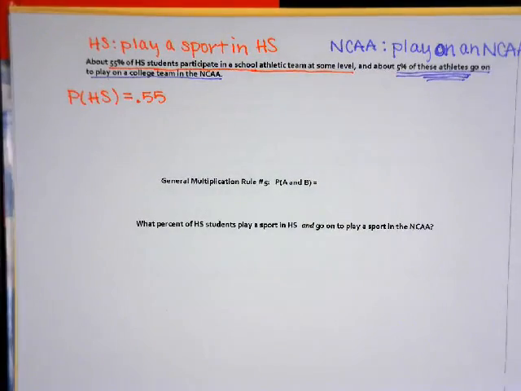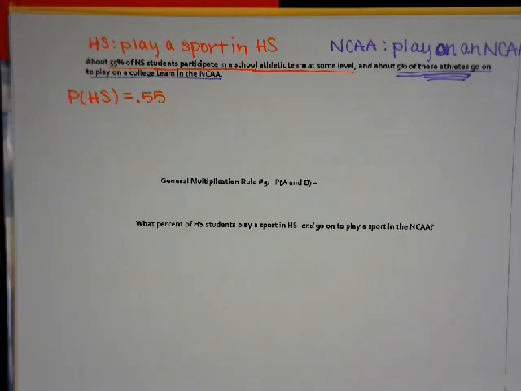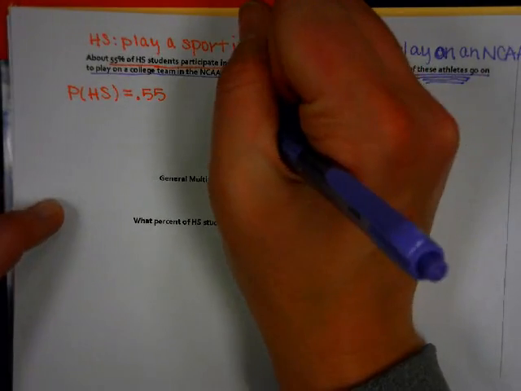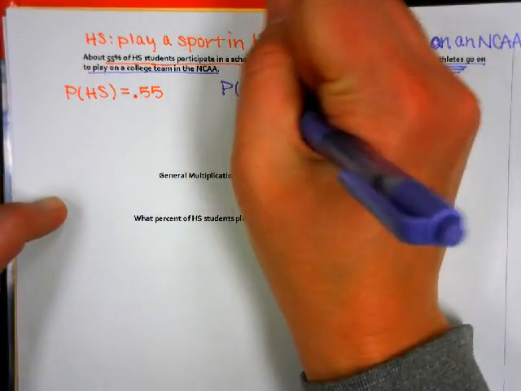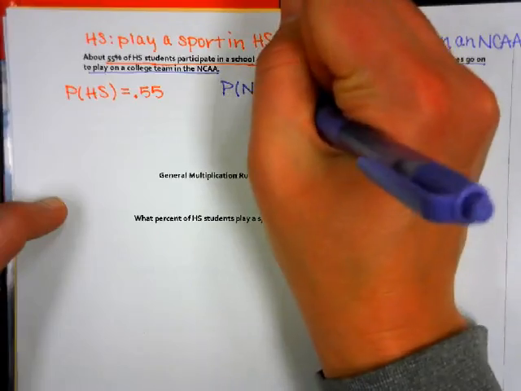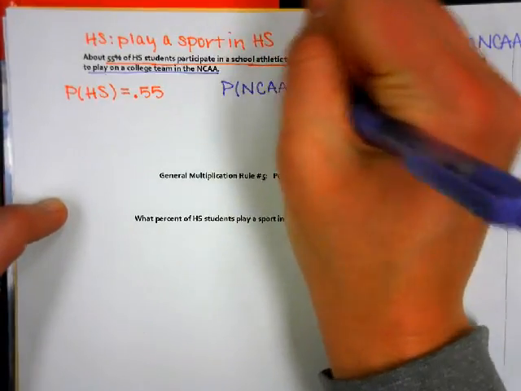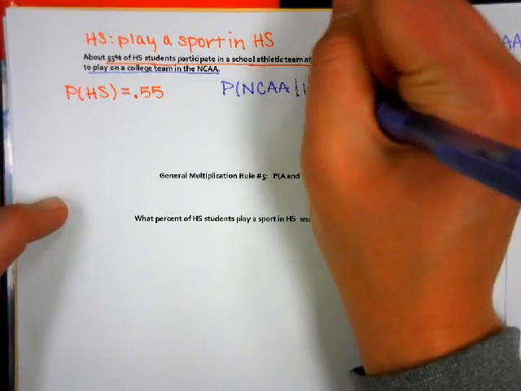So that last phrase that I underlined is actually a conditional probability. They're saying that the probability a kid plays on an NCAA team, given they were on a high school team, is 0.05.